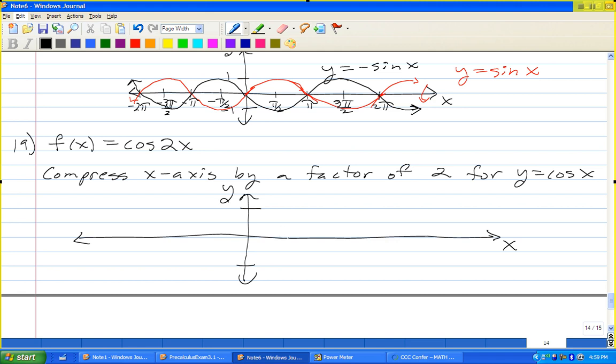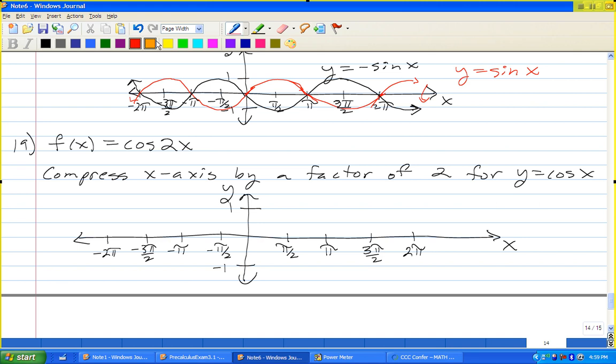Okay, so I'm going to do several, and let's say that's 1 and minus 1. Okay, so let's draw the graph of y equals cosine. Oops.